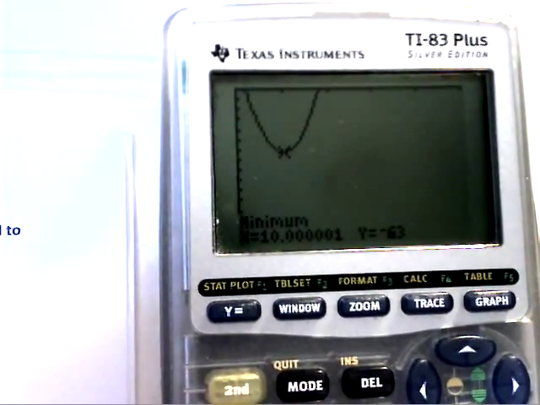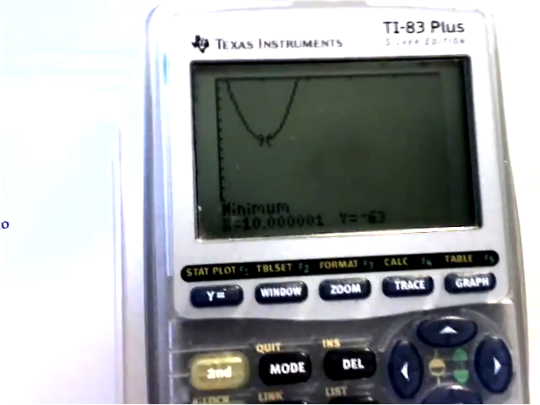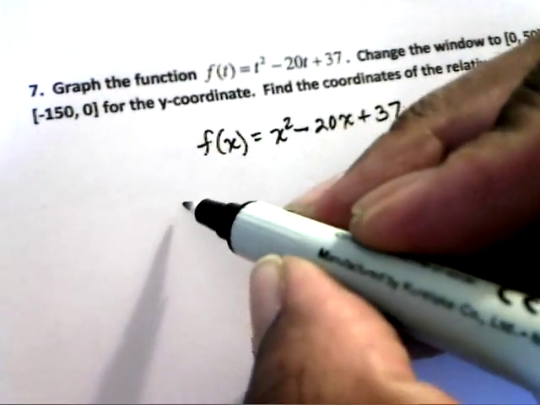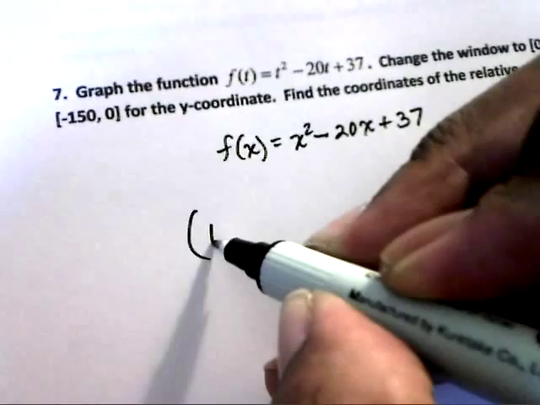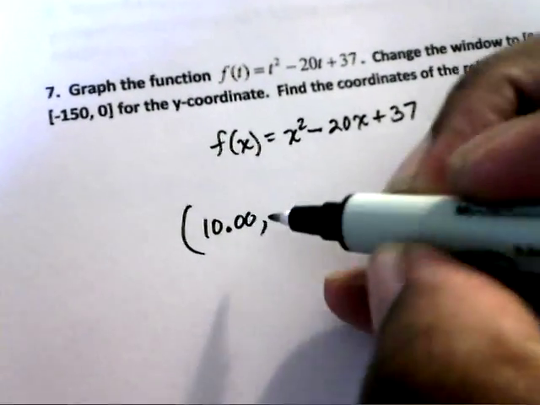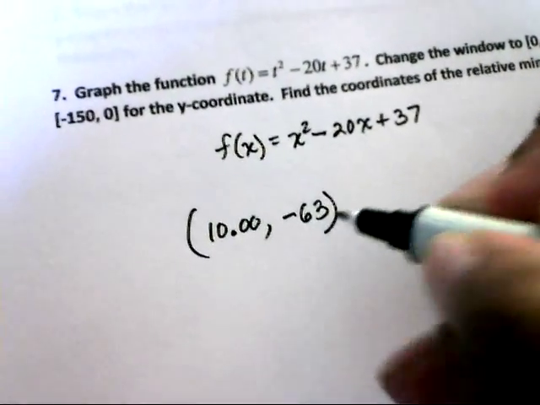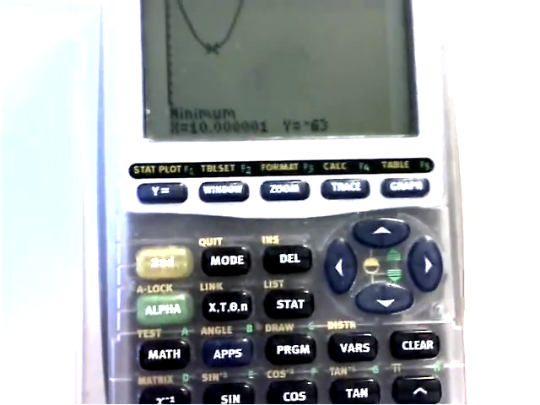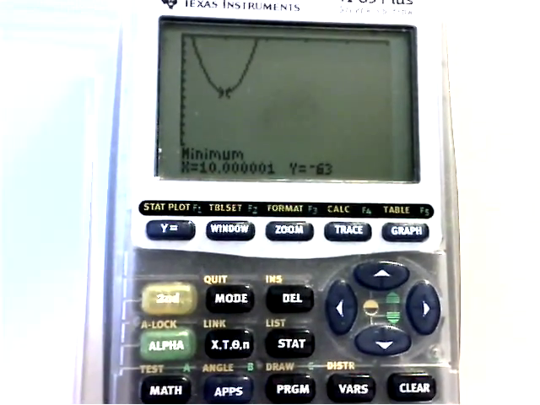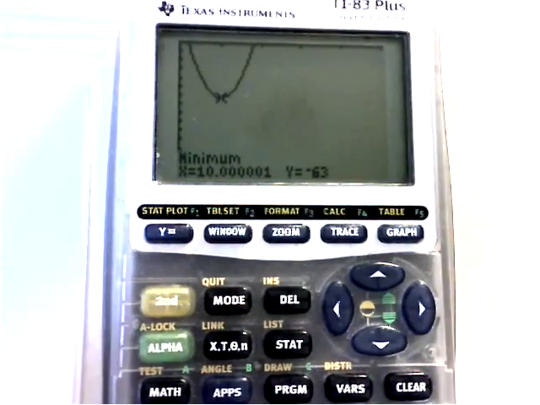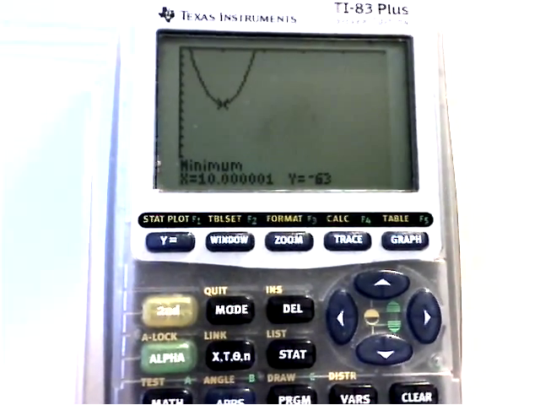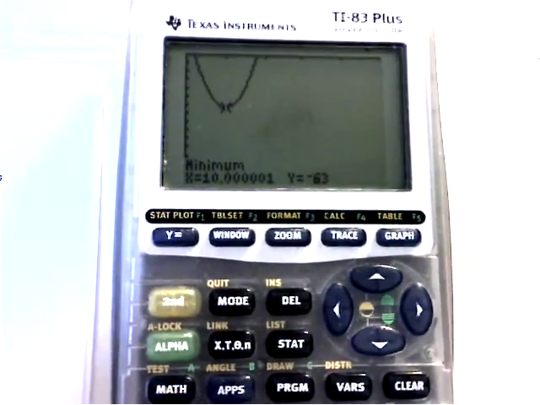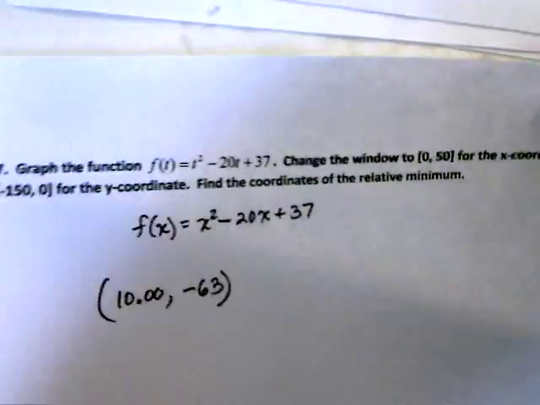We're going to say 10.00, negative 63. That's our ordered pair. Okay, so that represents the relative minimum for that particular function. All right, number 8.